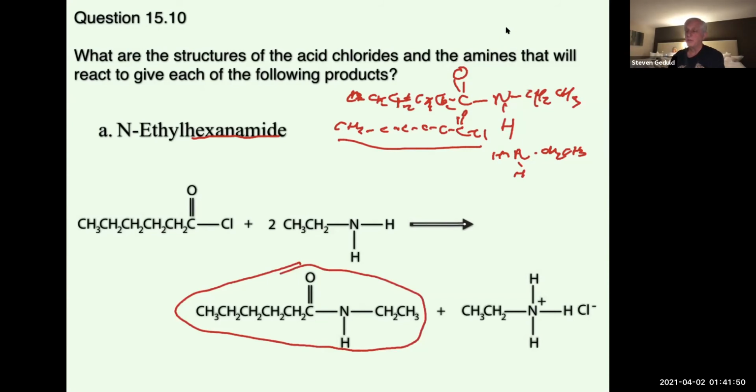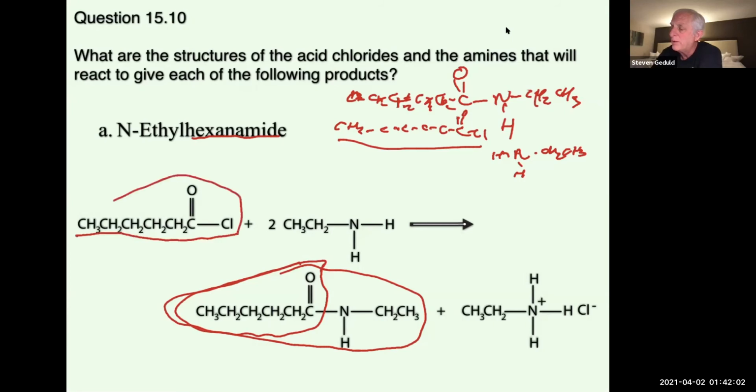We drew that first, and then we noticed this part comes from our acid chloride. So this is our starting chloride, hexanoyl chloride. And then this part, remember it has to lose a hydrogen, is an ethyl group. So it has to be an ethylamine, and it takes 2 of them.